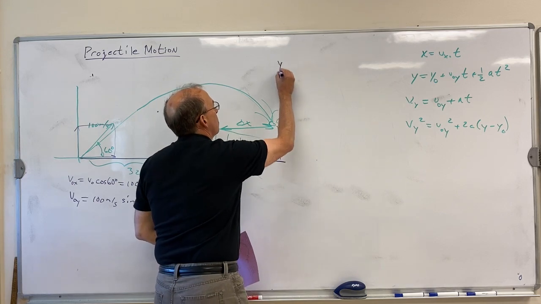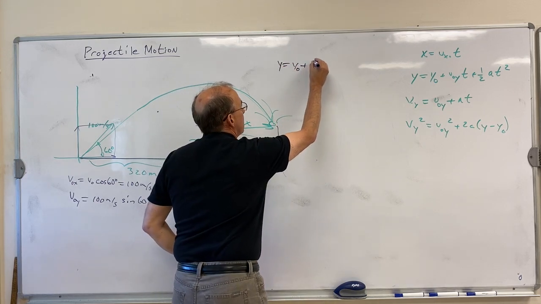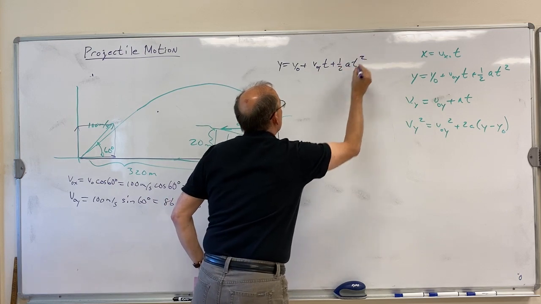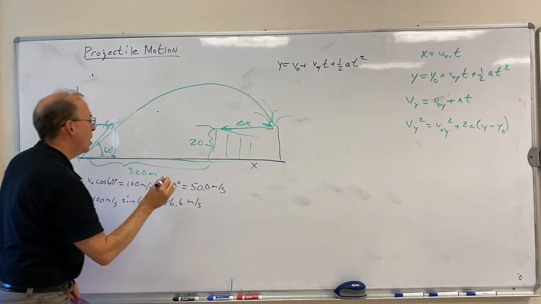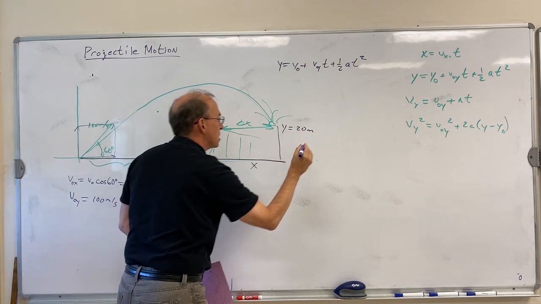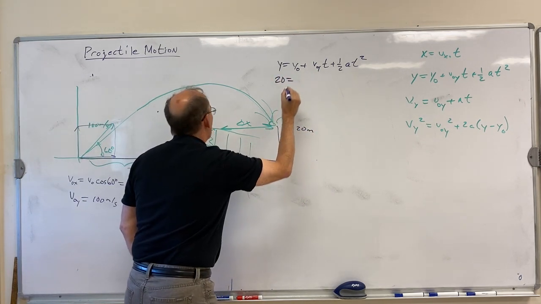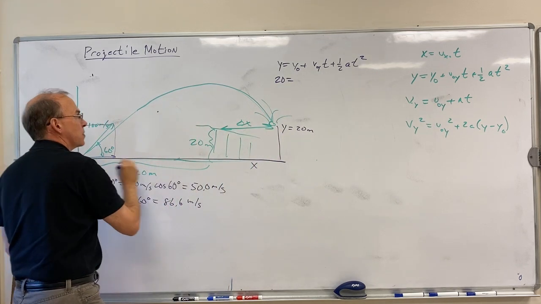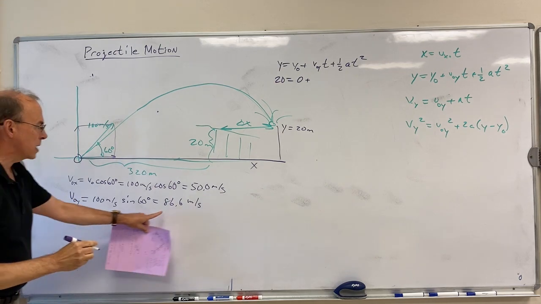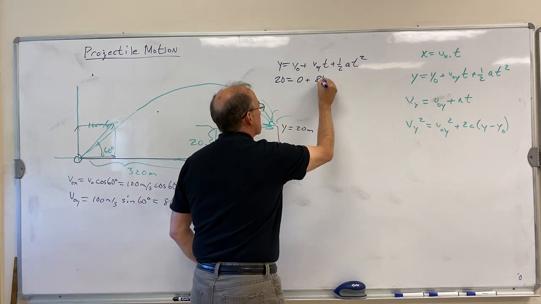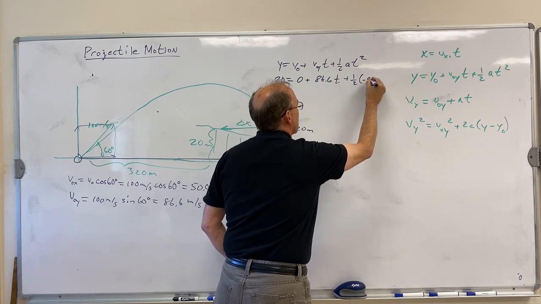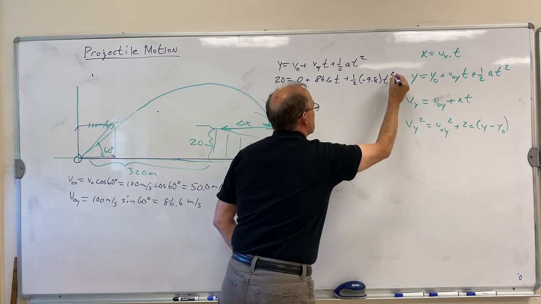So we've got y is y naught plus v naught y t plus 1/2 a t squared. y is 20. y naught, it was fired from 0, is 0. v naught y is this 86.6 plus 1/2 times minus 9.8 times t squared.